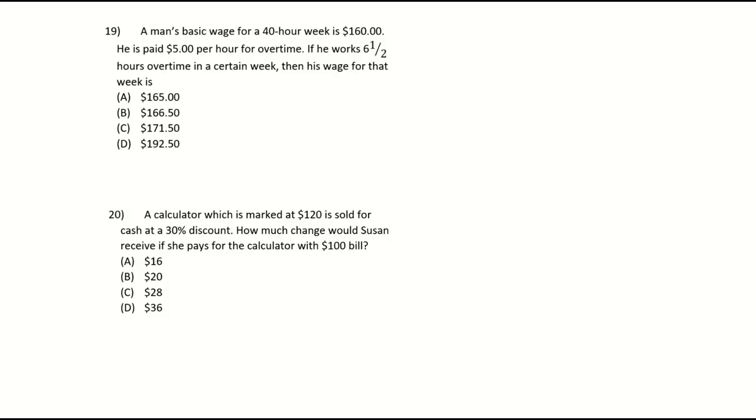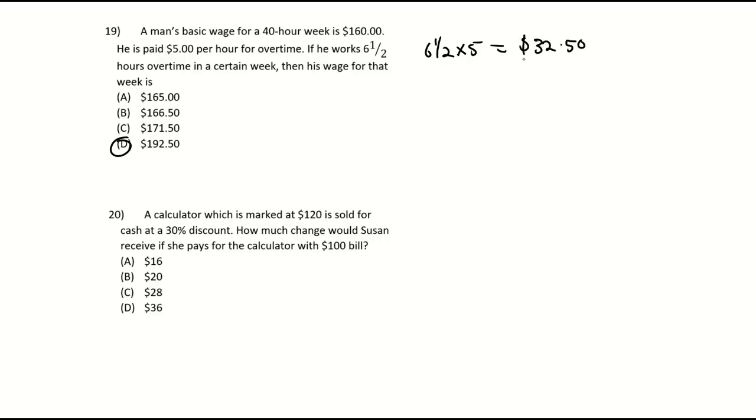Now, if you guys remembered, right? It was $192.50, right? But I guess we could work it out if you want. We know it is 6.5 times 5, which is $32.50, I believe. $32.50.